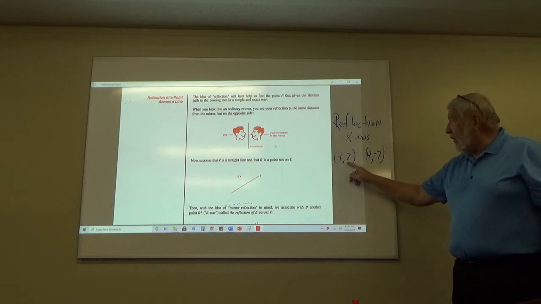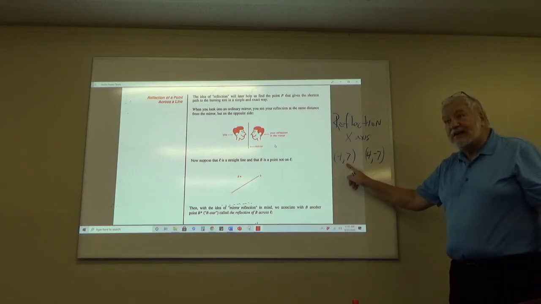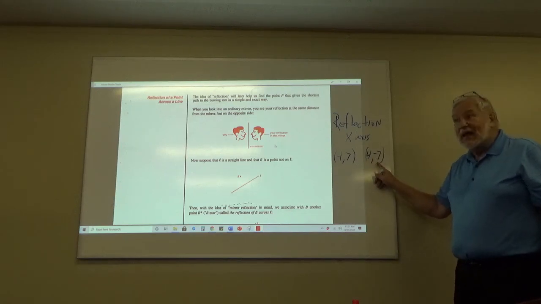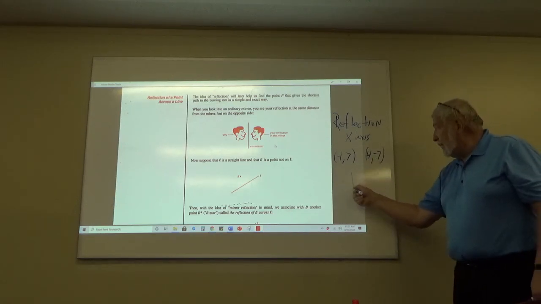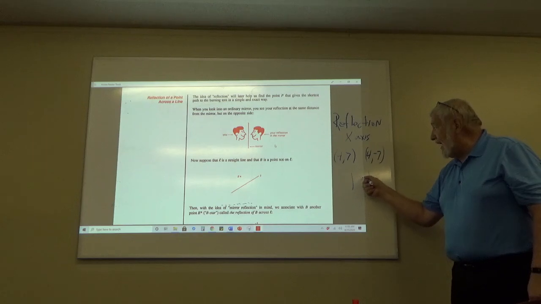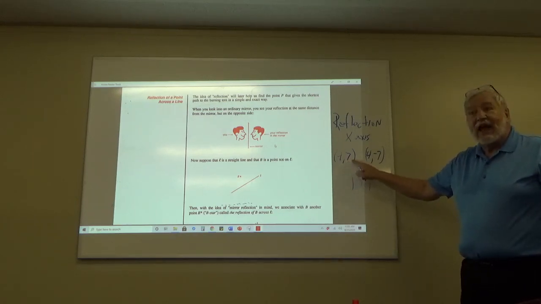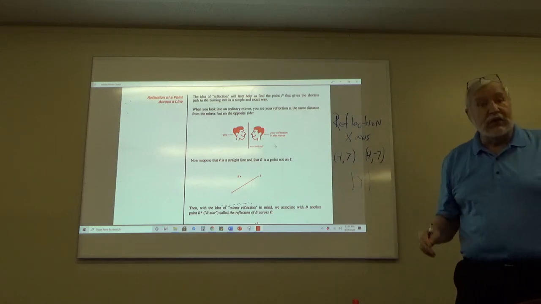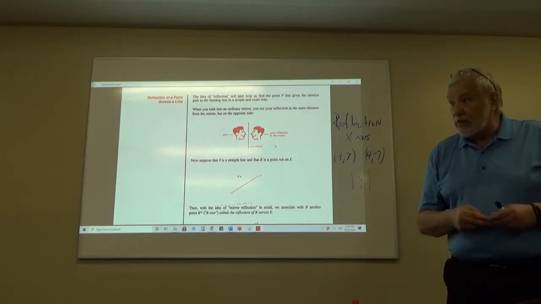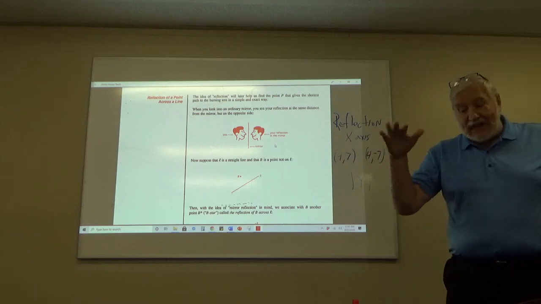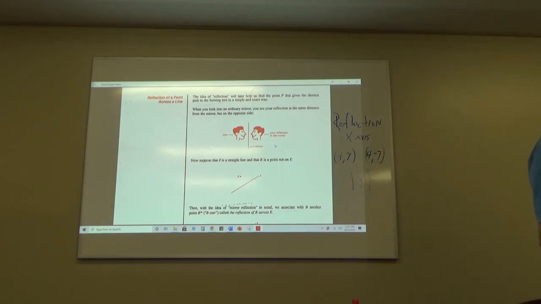Now, how far is this from the x-axis? It's 7 units. How far is this from the x-axis? It's 7 units because it's the absolute value of y. So one goes 7 down, the other goes 7 up, they're both 7 units. That's how reflections work. Now that's an 8th grade skill, reflections.